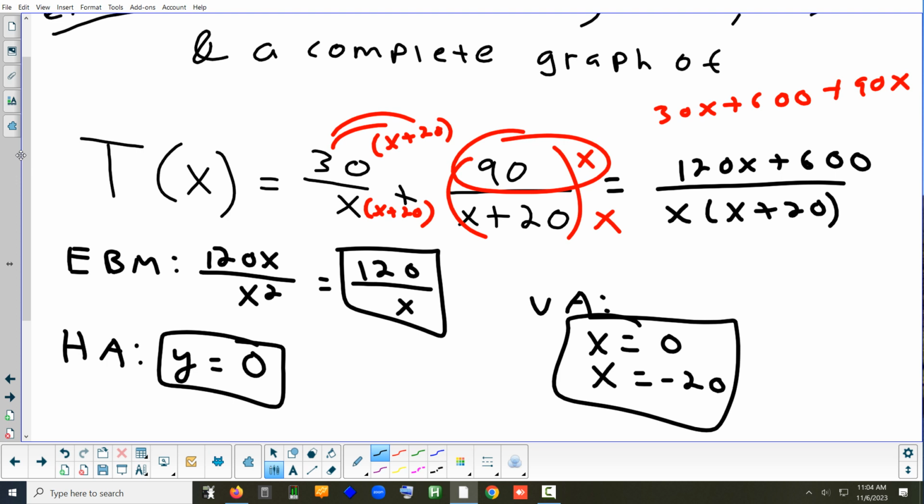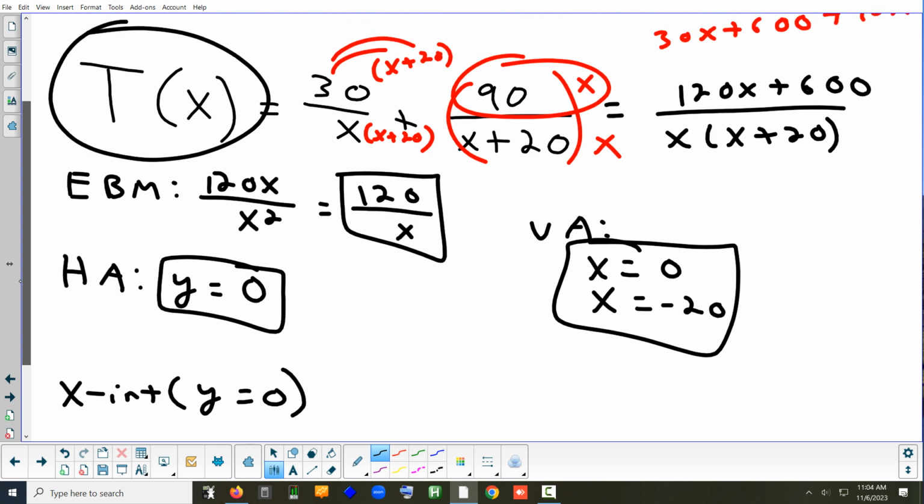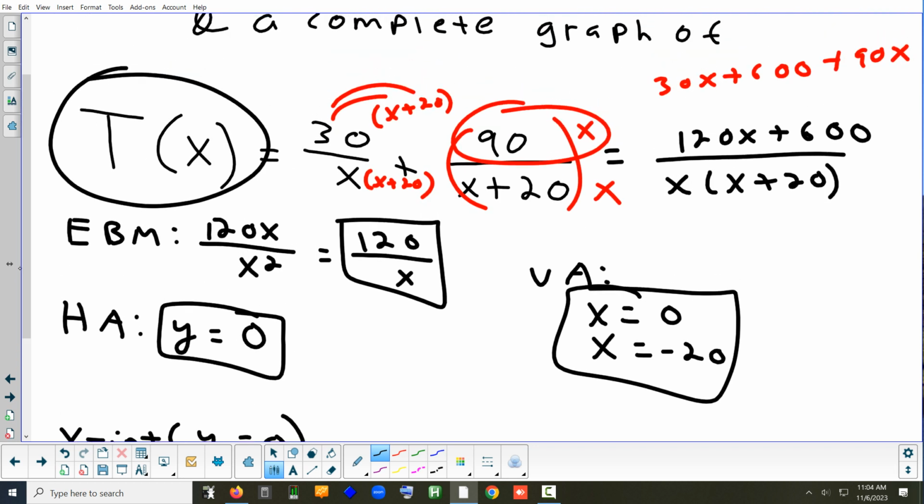T of x. Set that equal to 0, and it's going to be easier to use the combined fraction. So if you set this fraction equal to 0, what's the only way that a fraction can equal 0? You won't have to do a quadratic here.